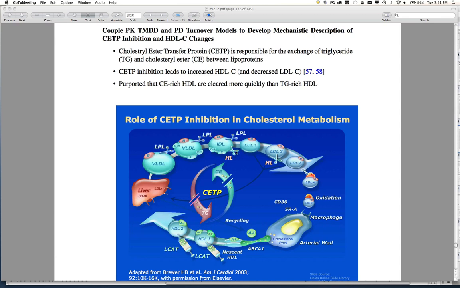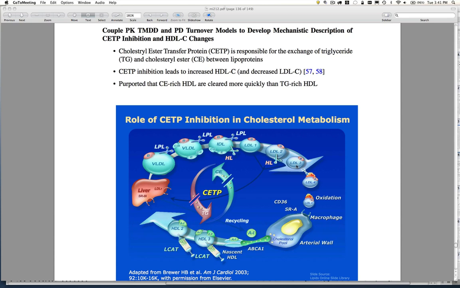Likewise, if you block this conversion where things are moving more toward LDL1, LDL2, LDL3, these are actually cleared more slowly. Or maybe I said that incorrectly. I'm sorry, the HDL2s are cleared more quickly, and so by blocking them, you increase the amount of total HDL there is.